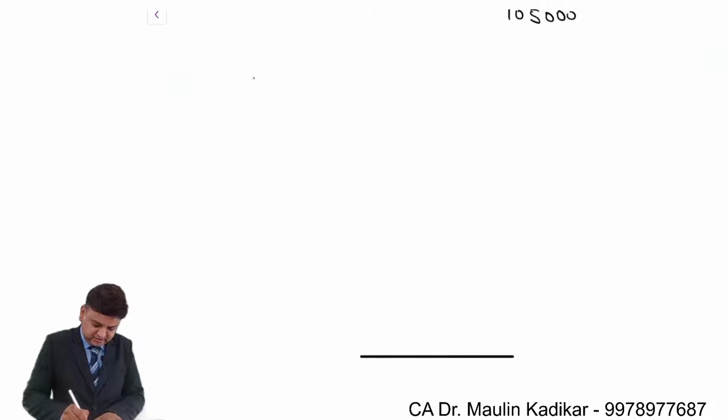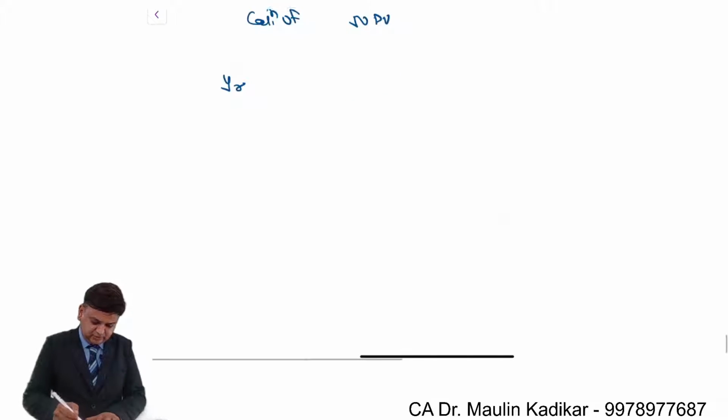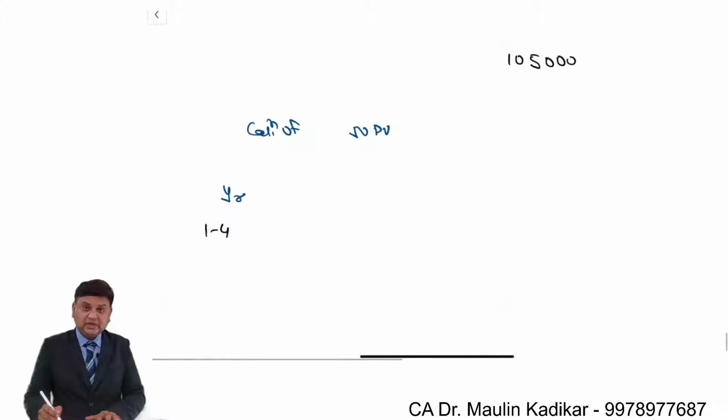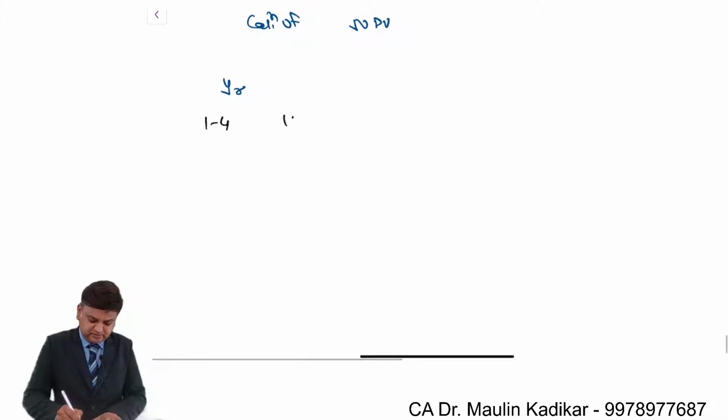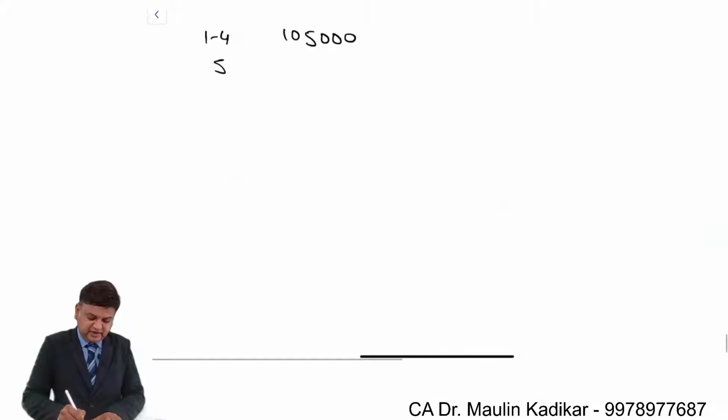Next, calculation of NPV. In year 1 to year 4, recurring cash flow is 1,05,000. In the 5th year, apart from 1,05,000, you will receive 40,000.